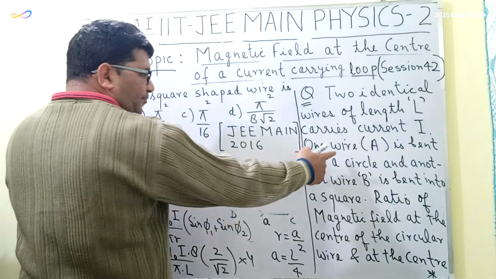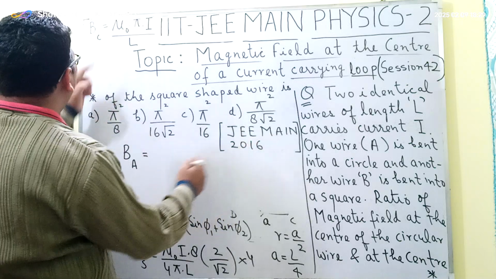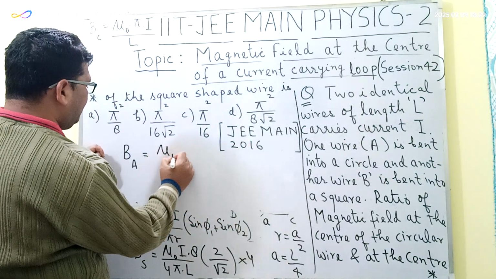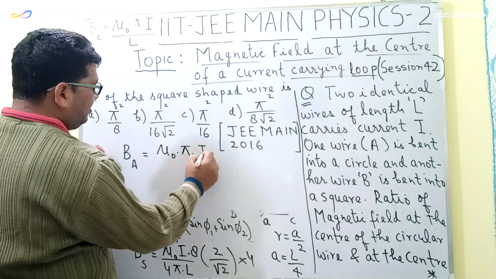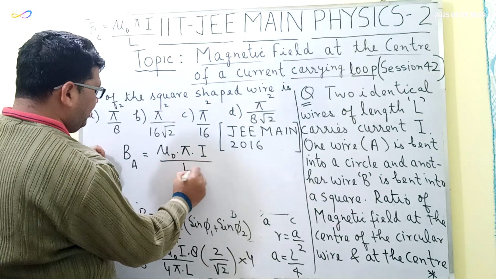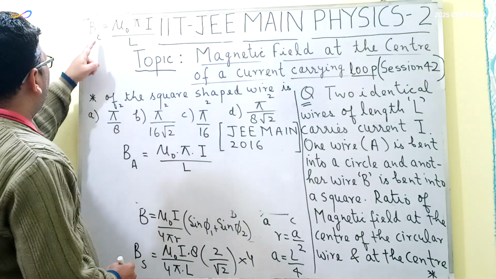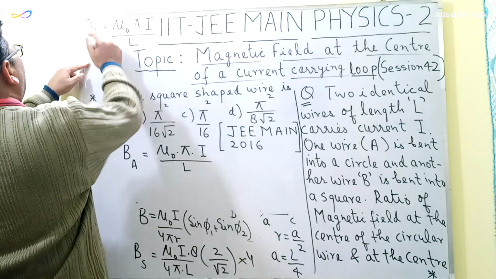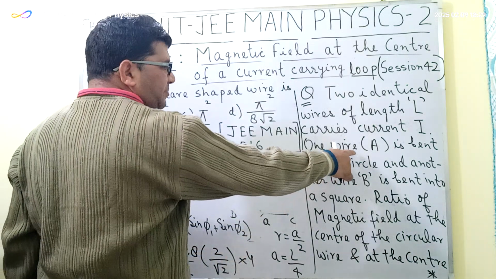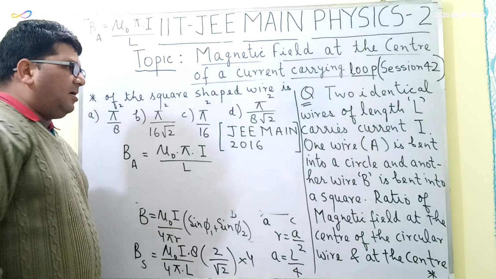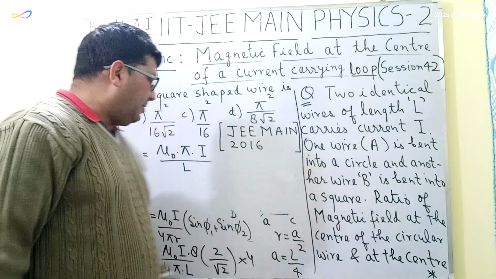So here this will be equal to mu naught pi into I divided by L. I can just write it as BA, where the wire has been depicted as A, which is bent in the form of a circle.